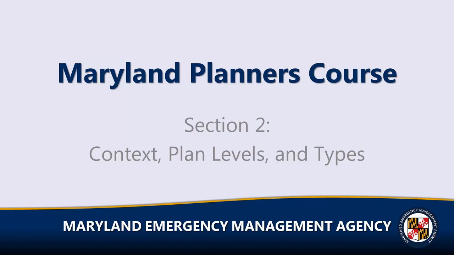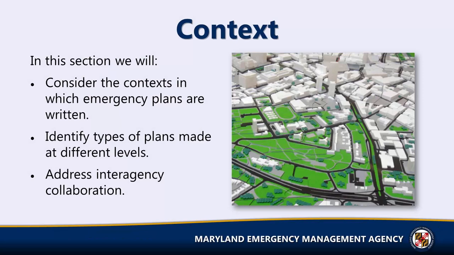This section also builds upon Section 1 in discussing the planning environment and the context for planning processes. Context is important for any planning project. With that in mind, in this section, we will consider the context in which emergency plans are written, identify types of plans made at different levels, and address interagency collaboration.